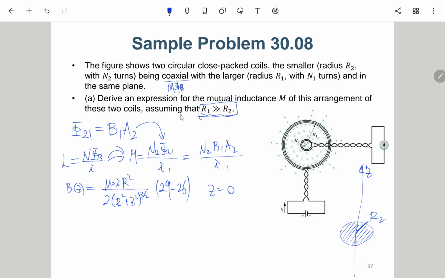Even though it is not so uniform, if R1 is so much larger than R2, this part can be considered close to each other, and we consider it to have a uniform B field.